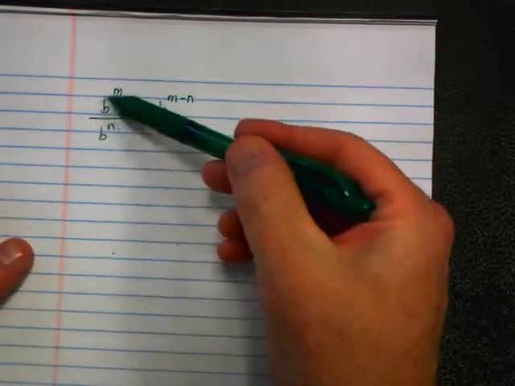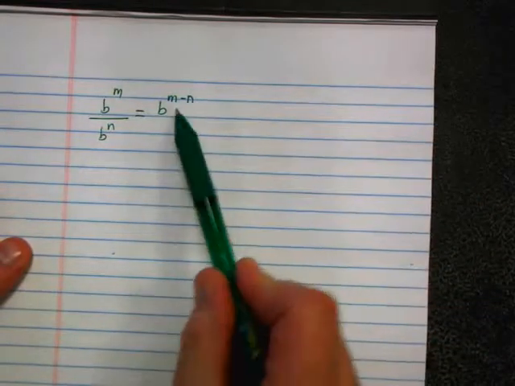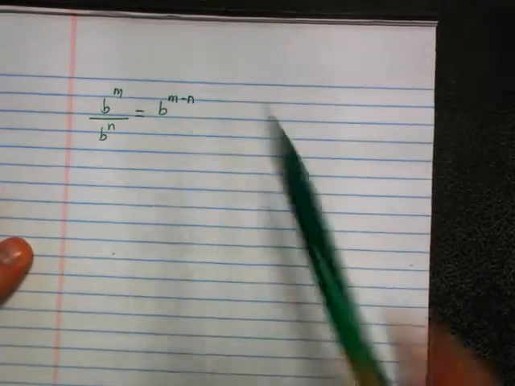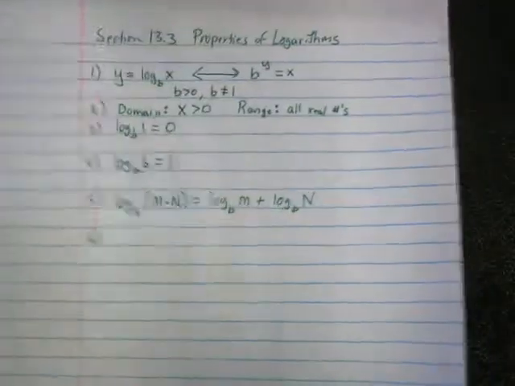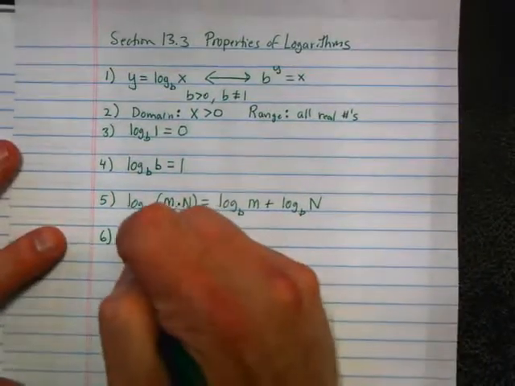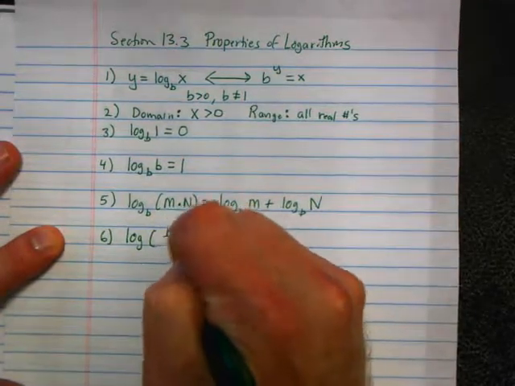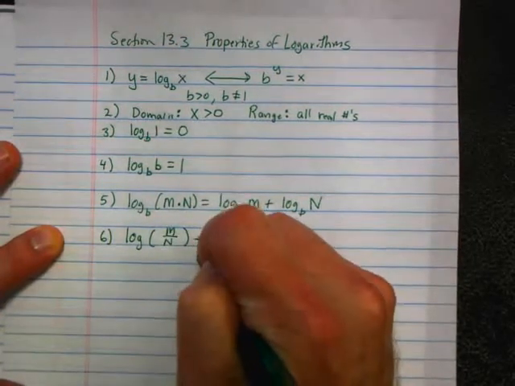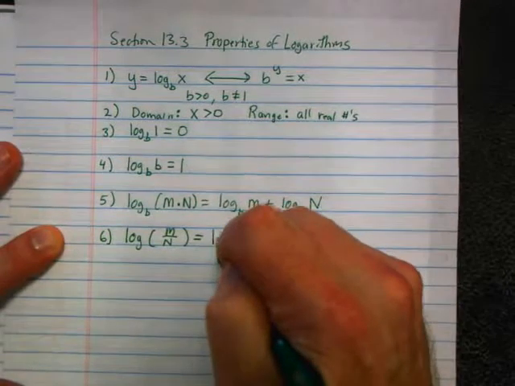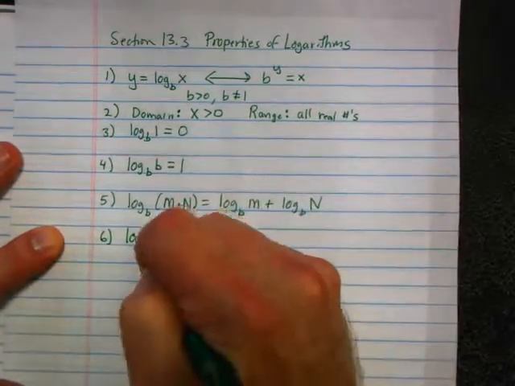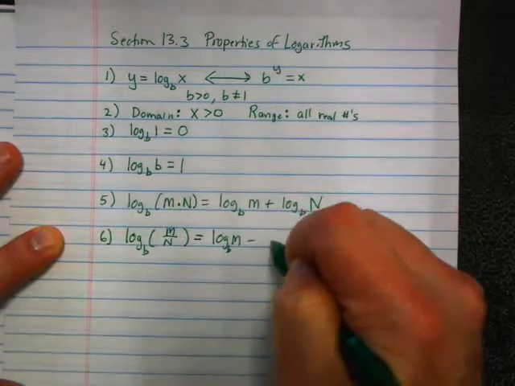So again, the rule for exponents was if you have division on the outside, it becomes subtraction on the inside. Logarithms, being the inverse, have exactly the opposite property. Logarithms take division on the inside and turn it into subtraction on the outside.